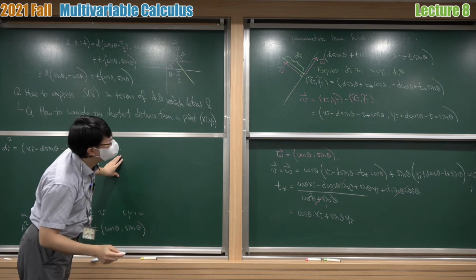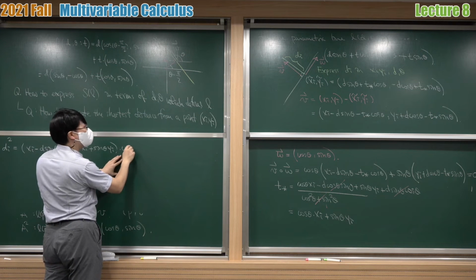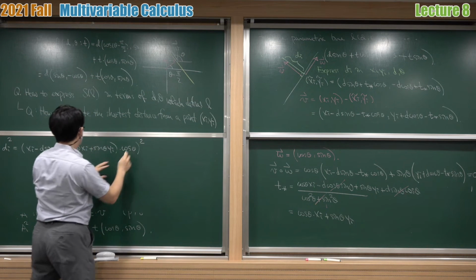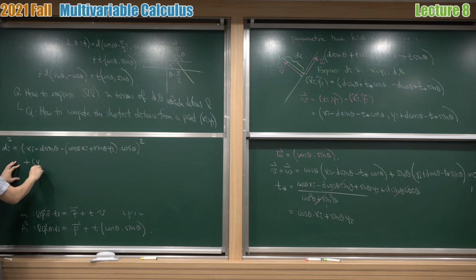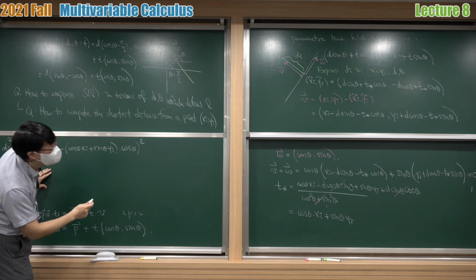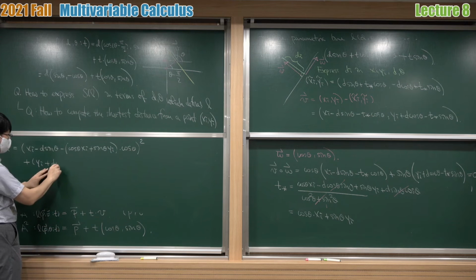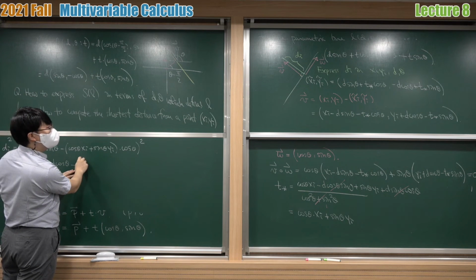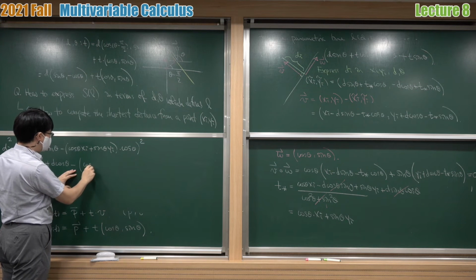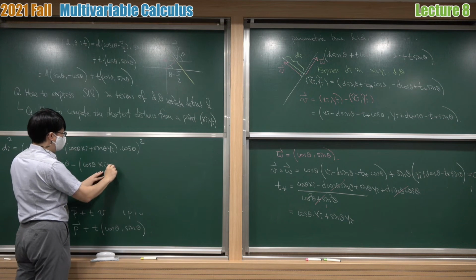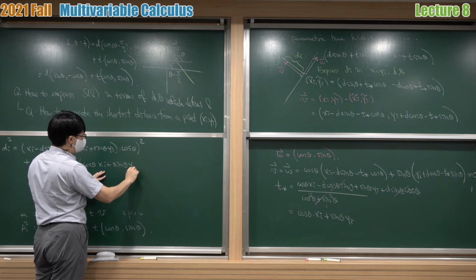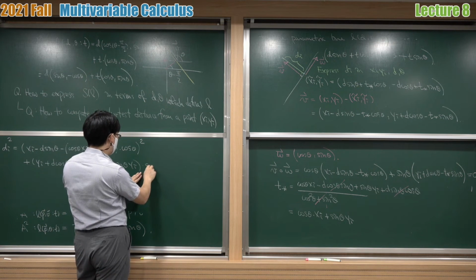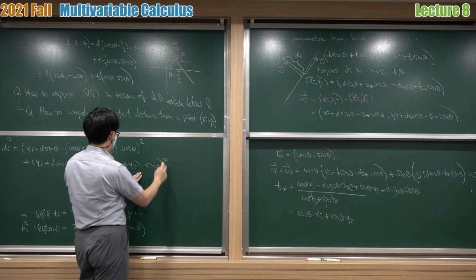And then cosine theta. Is that right? Yeah. And then square. And plus yi minus, so it's plus d cosine theta. And t star is cosine theta xi plus sine theta yi times sine theta, square.